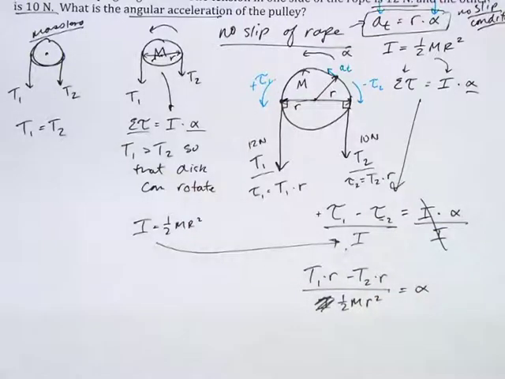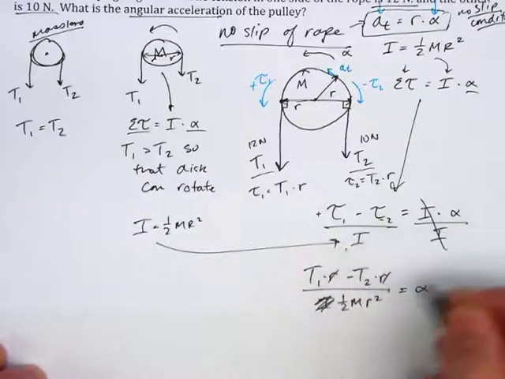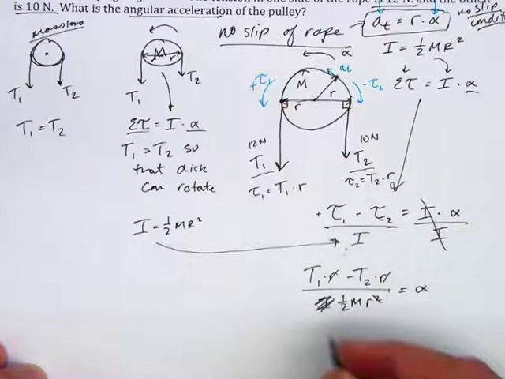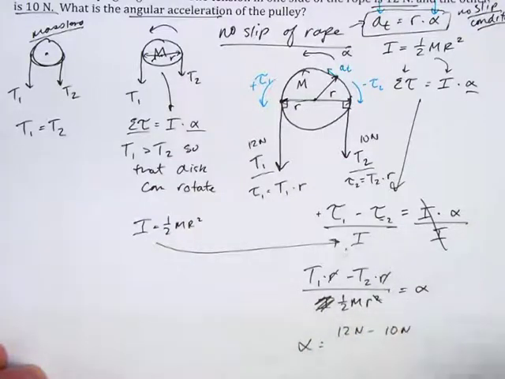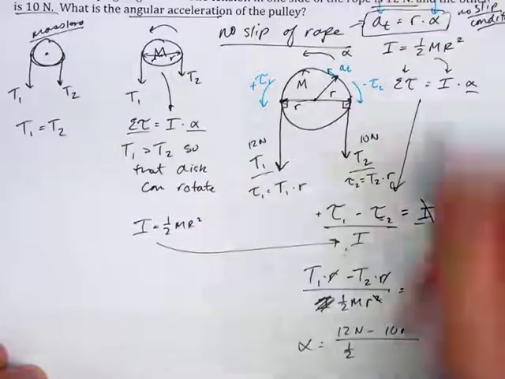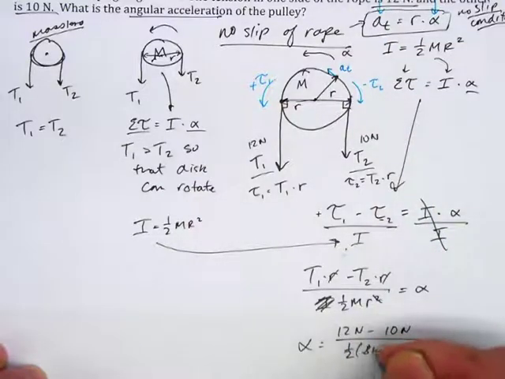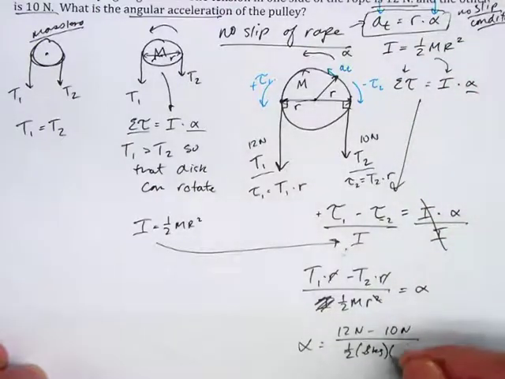Now in terms of simplification, I have an R in both terms, so alpha becomes T1, which is 12 newtons, minus T2, which is 10 newtons, divided by 1/2 the mass of the disk, which is 0.8 kilograms, times the radius of the cylinder, which is 0.3 meters.